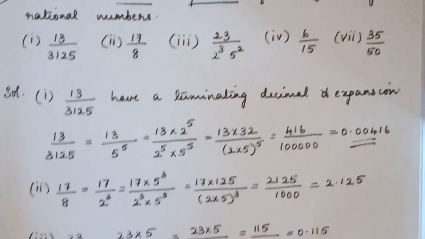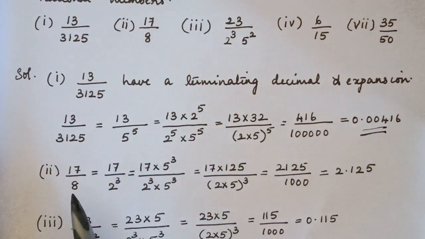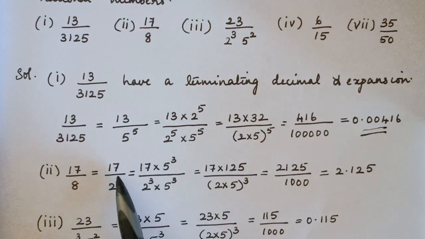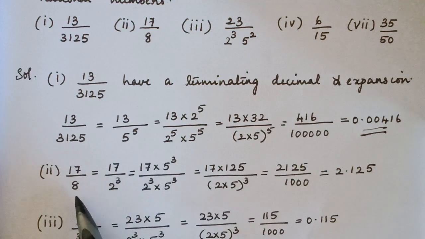Now we will see another rational number, 17 by 8. Here also, when you do the prime factorization, 17 by 8 can be written as 17 by 2 cube. And we have to do the prime factorization only for the denominator, not for the numerator.